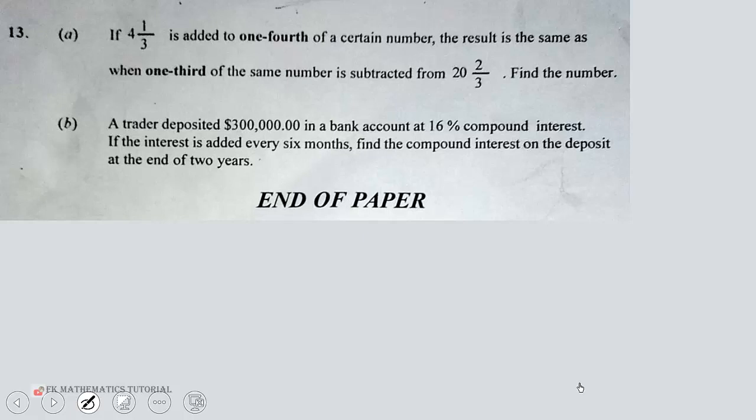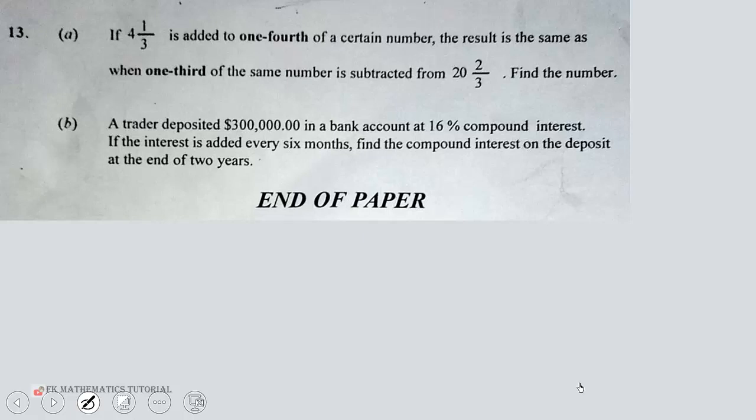Now, question 13 of Core Mathematics 2023 of deck paper 2. It says if 4 whole number 1 over 3 is added to 1/4 of a certain number, so let the number be y.